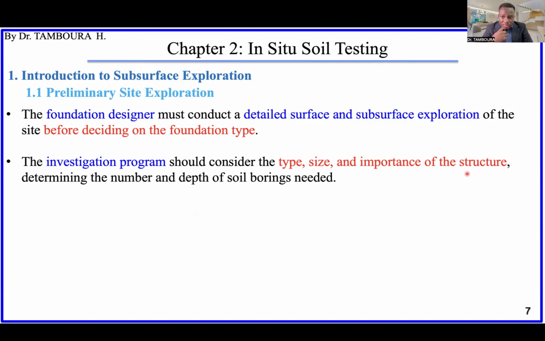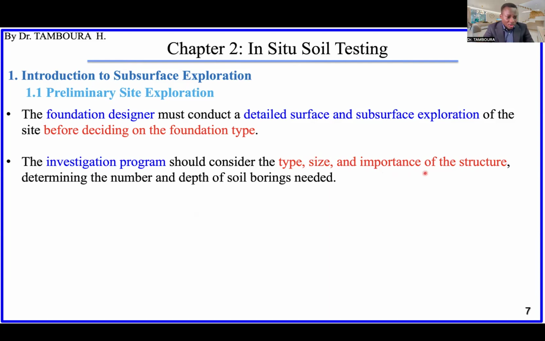Okay, and determining the number and depth of soil borings needed. How many points do we need to do the boring, and at which depth do we need to go? Everything will depend. You will see in the following slide that it will depend on the size of the building and the importance of the building.